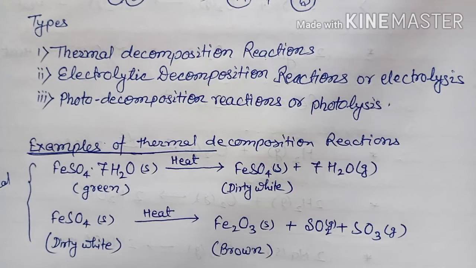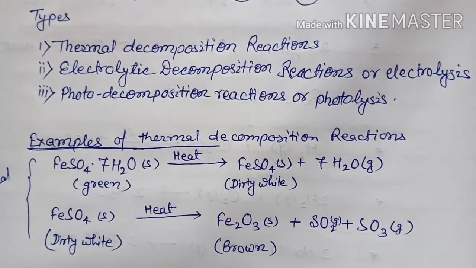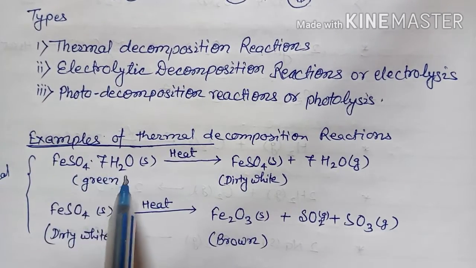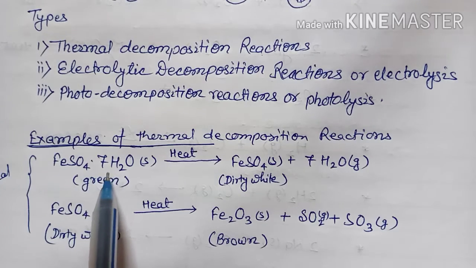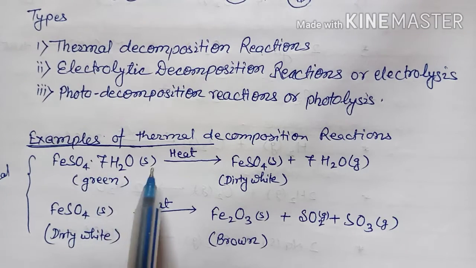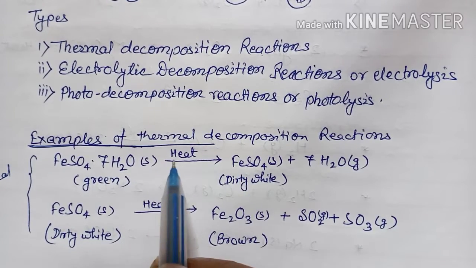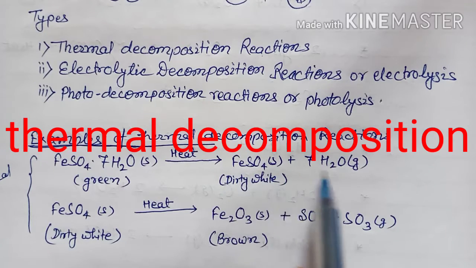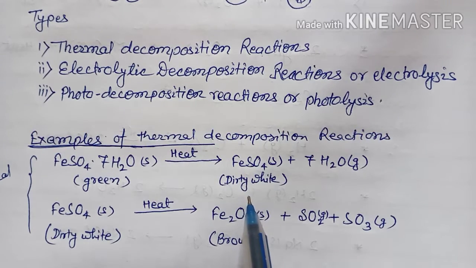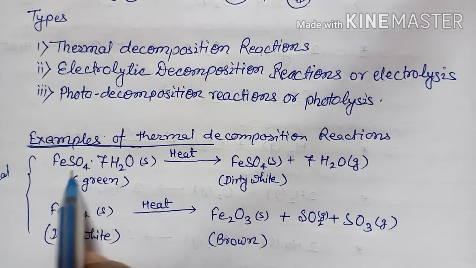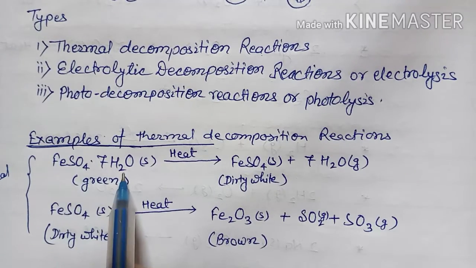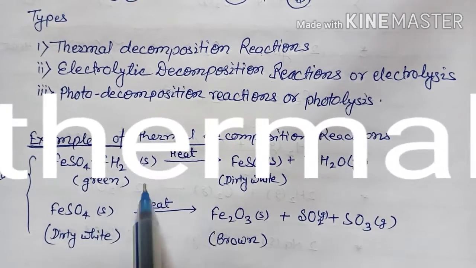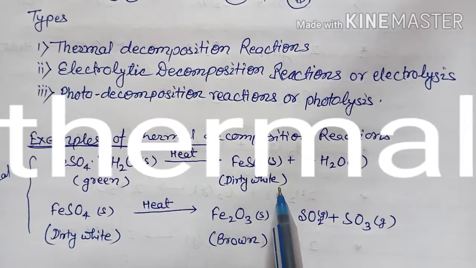thermal decomposition reactions. Now we can see here it is ferrous sulfate. It is a hydrated ferrous sulfate salt, and on heating it converts into anhydrous ferrous sulfate. So here when we are heating the hydrated ferrous sulfate salt, whose color is green, on heating it converts into a dirty white color.